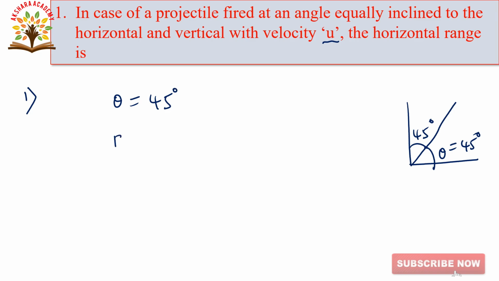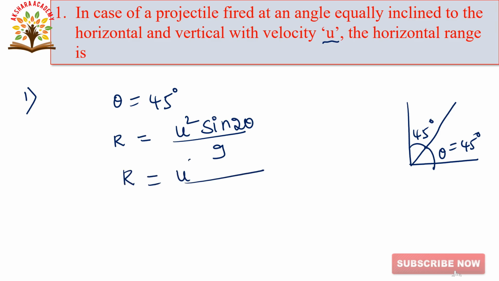R is equal to the horizontal range. R is equal to the formula u square sine 2 theta by g. Here they have given theta is equal to 45 degrees. So substitute: u square sine 2 into 45 by g. So sine 2 into 45, how much?